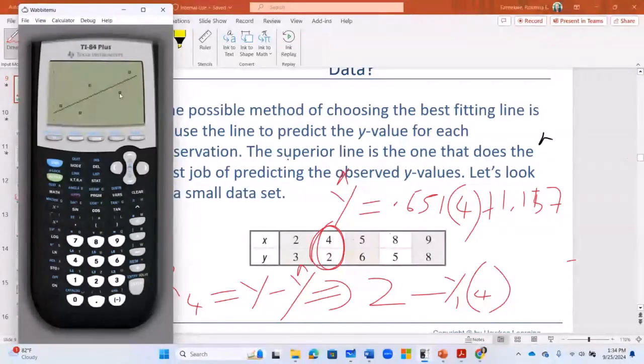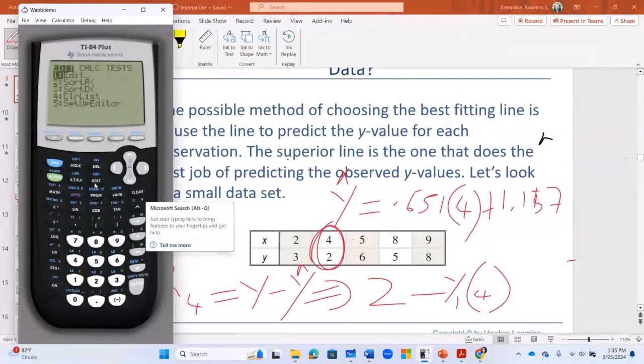But anyway, what happens if you're told to find the sum of squared residuals? You can do it with your calculator, actually, all of them. So this is what we can do. I am going to clear my calculator. Now I'm going to go to Stat, Edit.